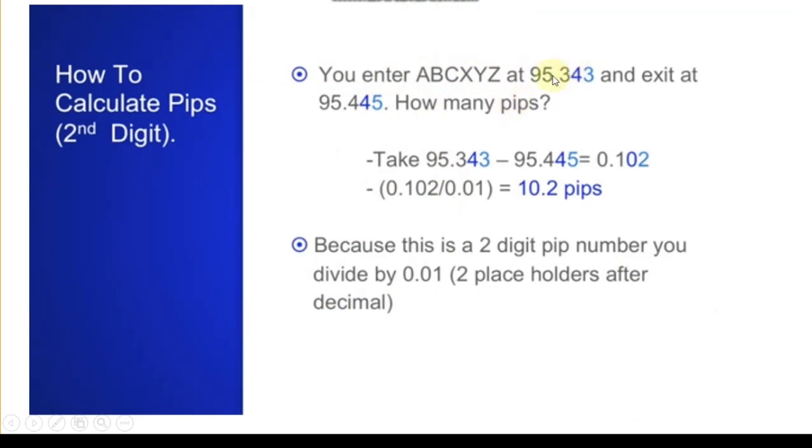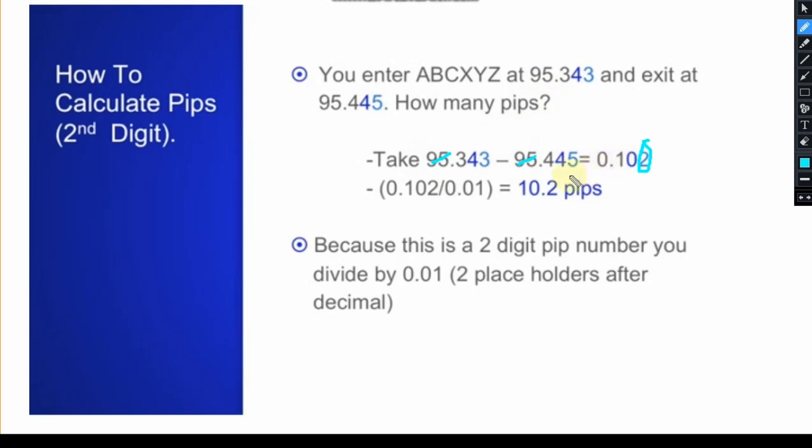Now if you enter a trade at 95.343 and exit at 95.445, the pips that you have is 102. What that means is that the 2 on its own is a pipette. So you have to ignore the 2. So we have 10 pips. The 95 here and the 95 here is what gives you this 0.